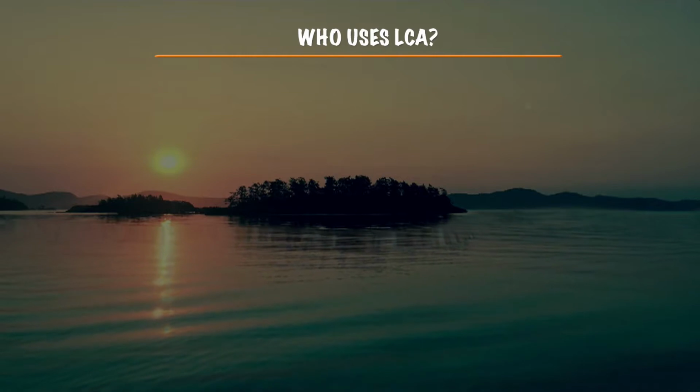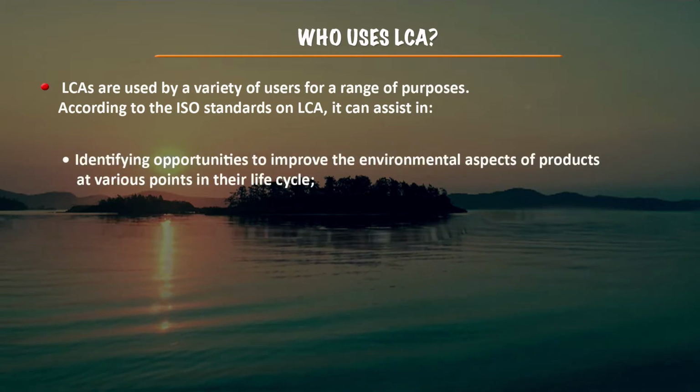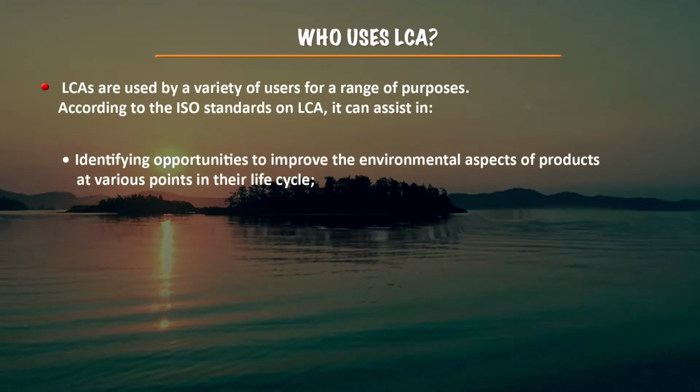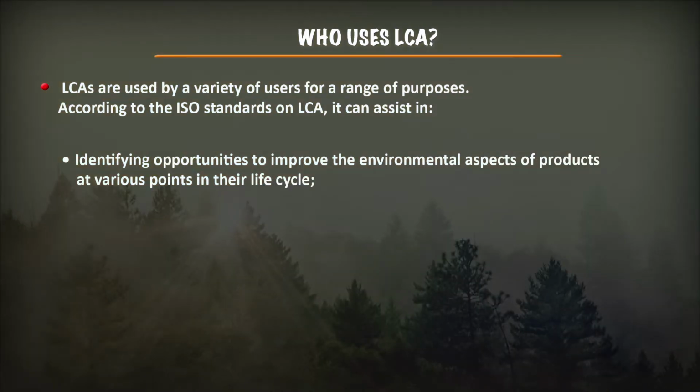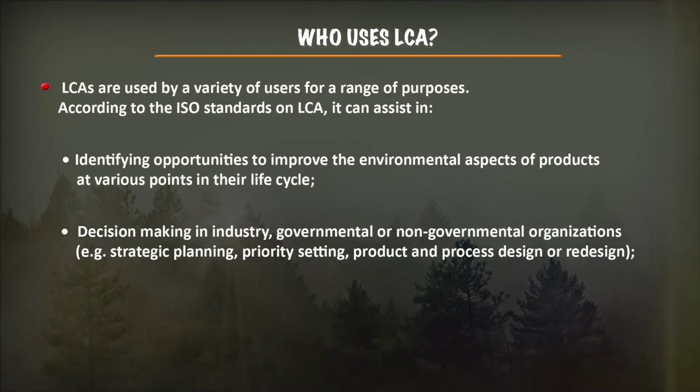Next, who uses life cycle assessment? It is used by a number of users for a range of purposes. According to the ISO standards, it can be useful for identifying opportunities to improve the environmental aspects of products at various points in their life cycles, and for decision making in industry, governmental or non-governmental organizations, for example strategic planning, priority setting, and product and process design or redesign.